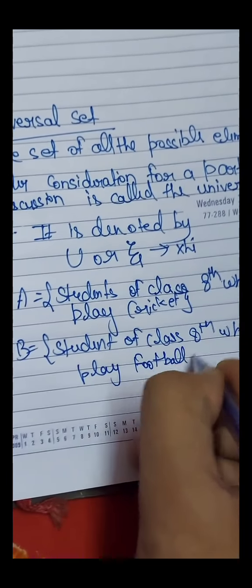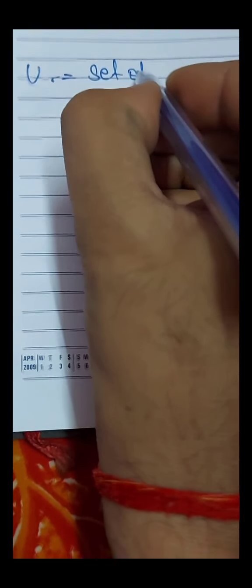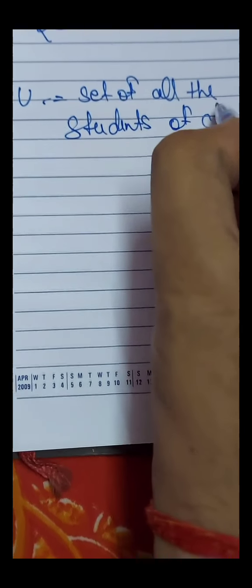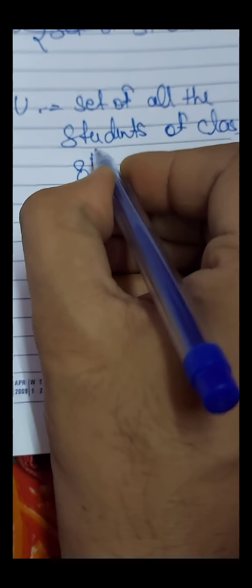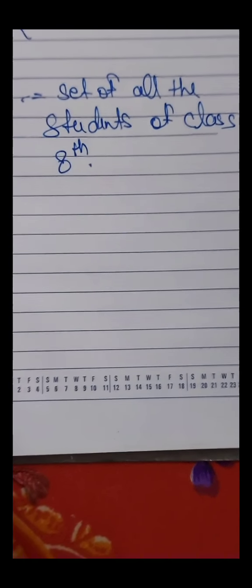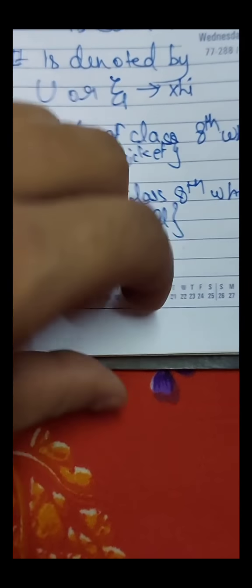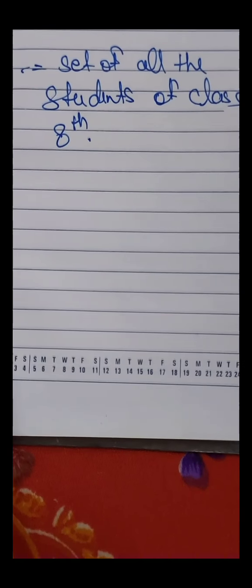For both the sets, we have a universal set of all the students of class 8th, because in set A you are taking students who like cricket, and in set B students who like football. All the students in both sets A and B will be from the set of all the students of class 8. So in this context, the universal set is the set of all the students of class 8.